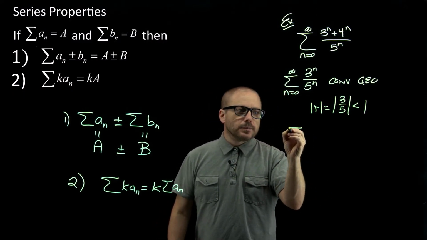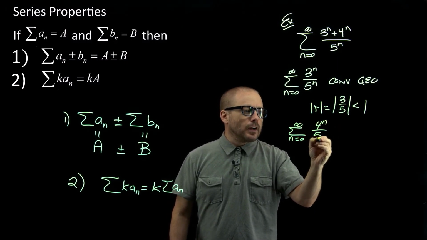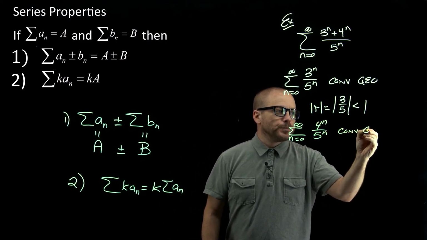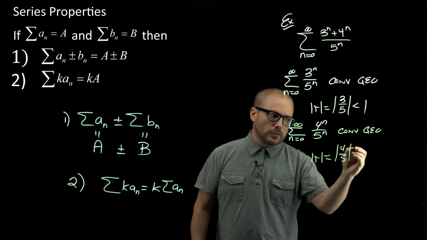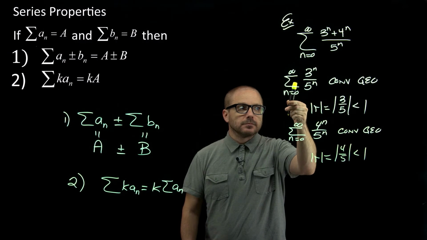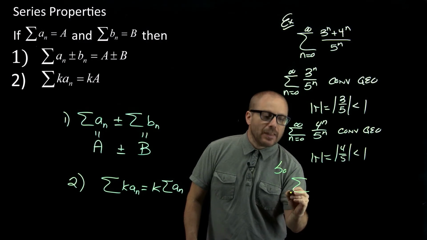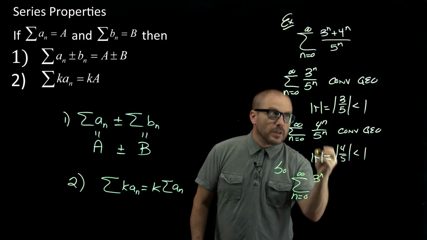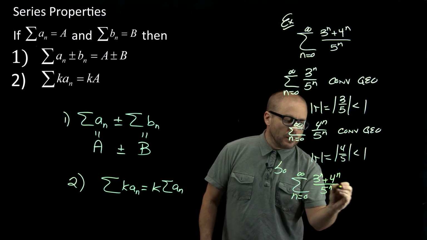And the other series, 4 to the n over 5 to the n, is also a convergent geometric series, because the absolute value of r is the absolute value of 4/5, which is less than 1. So we've got two convergent series. There's no real theorem to quote here. It's just a property of series. So all you have to say is that because those two pieces converge, we know this series converges.